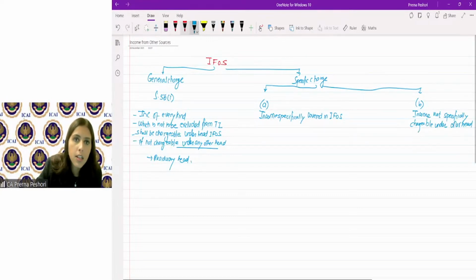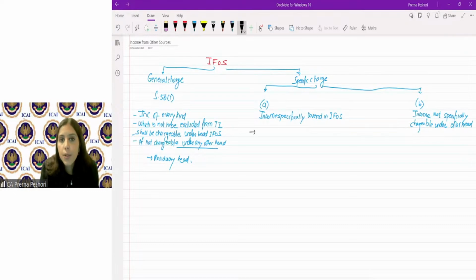First one is dividend. This is section 56(2). So dividend is specifically covered under income from other sources.